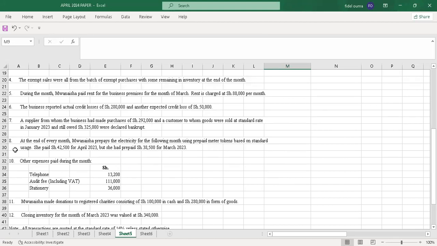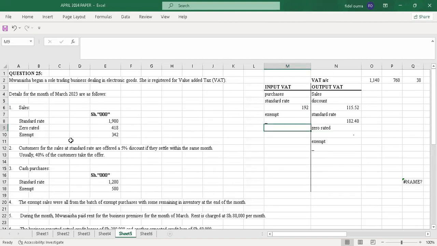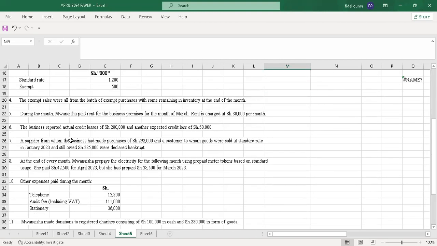A claim made when a supplier has not been paid by the buyer for the goods supplied is treated as bad debts. However, the claim should only be made after 3 years. And you can see all this transaction happening in January 2023, and we are in March 2023. So it's within 2 months. So even the 3 months has not expired.